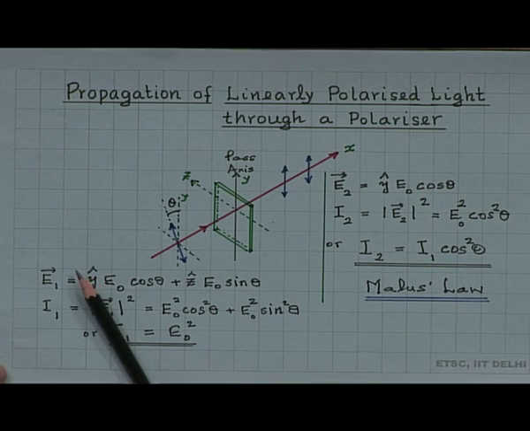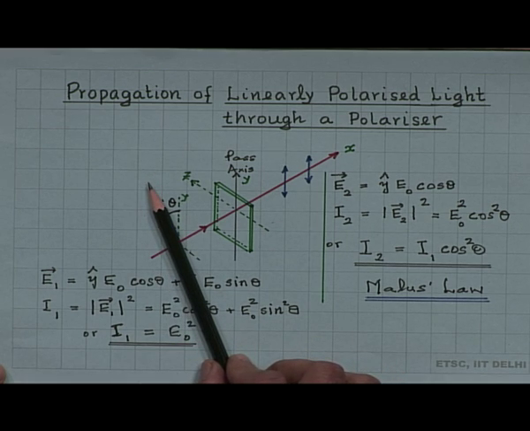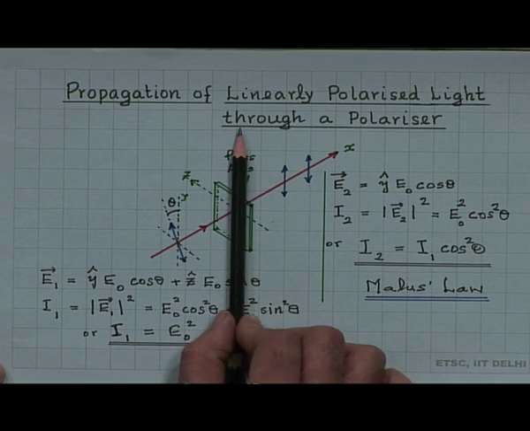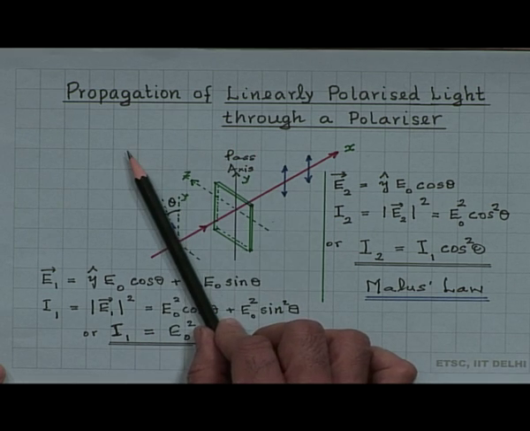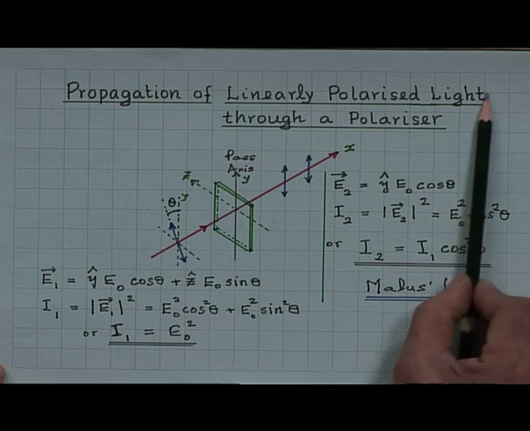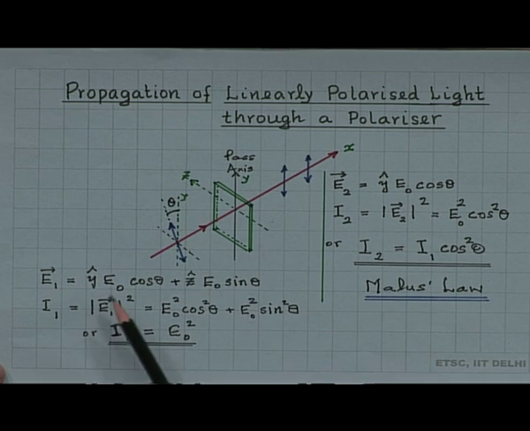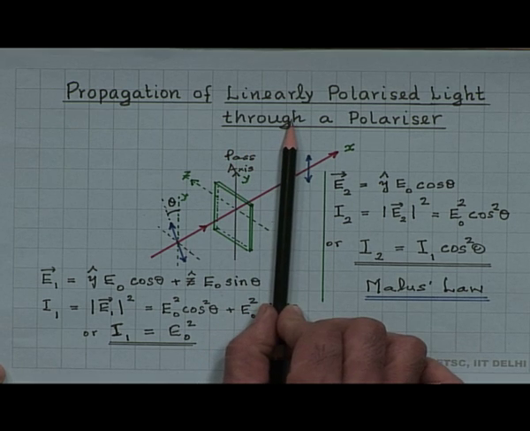What is shown here is plane polarized light incident at an angle to the path axis. The path axis is here along y. The incident linearly polarized light is making an angle theta with the path axis. Then the path axis will allow only one component of this.